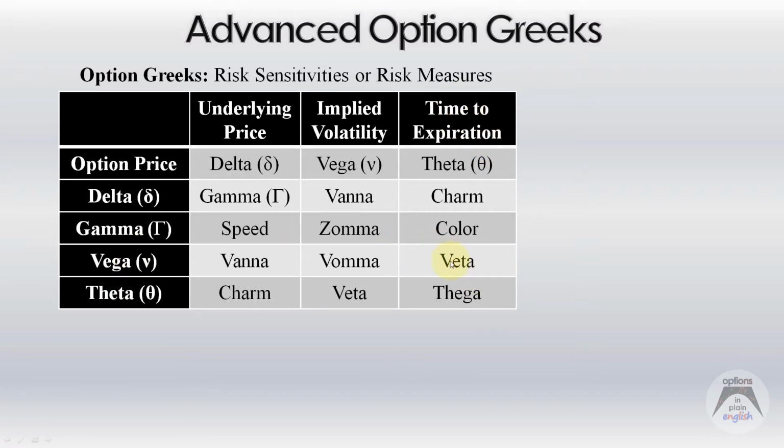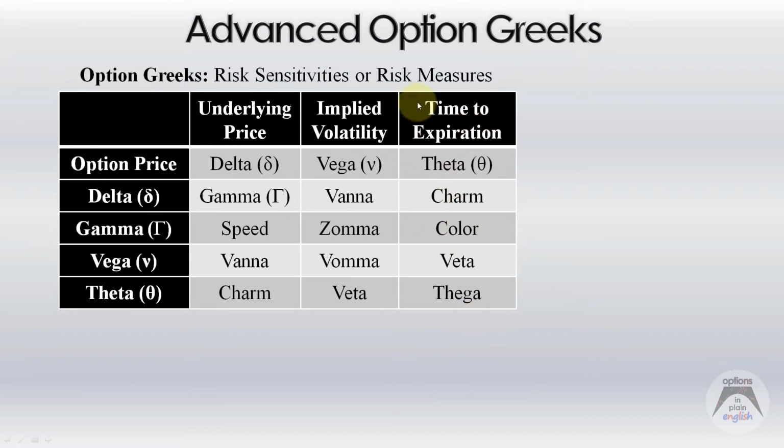Again, the names are funny and they don't really mean too much to us. It's just important to understand how they move and how they affect us. Theta also changes with the underlying price, and that's called charm, and it also changes with implied volatility. That's called Veta, which is the same one as this one. And theta itself changes with time to expiration.